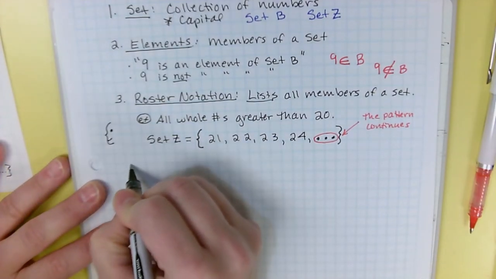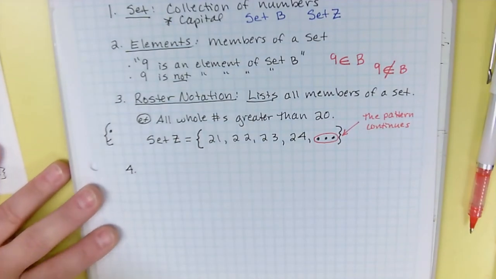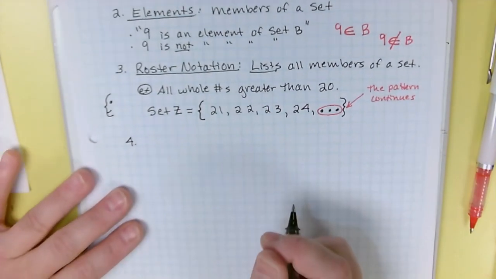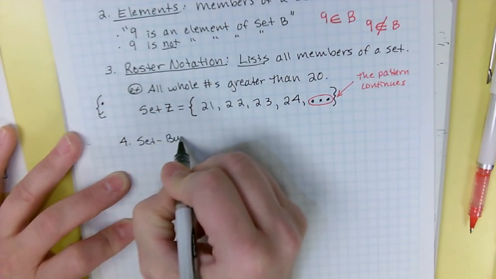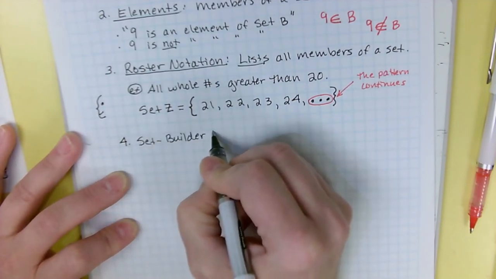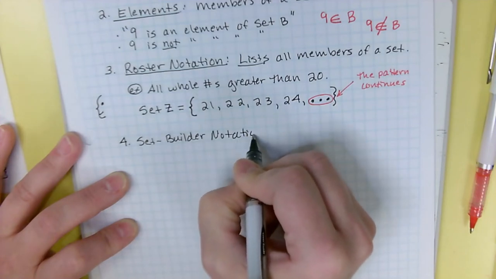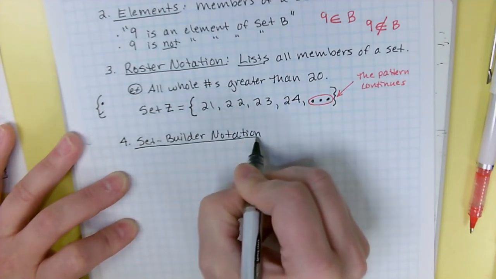All right, number 4. This is the other type of notation that we need to learn. It's called set builder notation. Set builder is hyphenated.